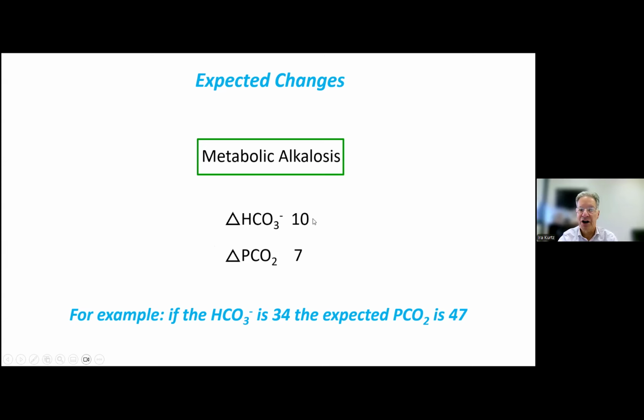So if this went up by 5, this would go up 3.5. If this went up by 20, this will go up by 14. And again, you just have to memorize it. So if your bicarbonate, for example, went from 24 to 34 because you were vomiting for a few days, you would expect the PCO2 to go from 40 to 47. If you saw these numbers, you would say my patient has a compensated metabolic alkalosis.